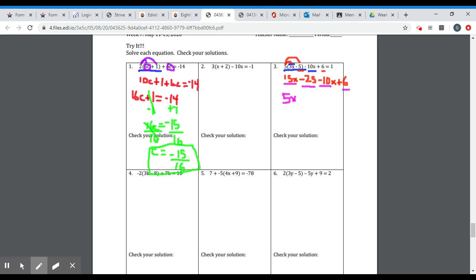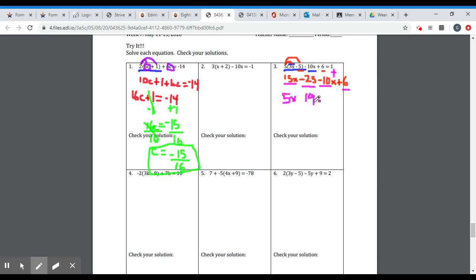Now I'm going to combine negative 25 and 6. Again, integer rule. I'm going to subtract them. Oh, actually, no, it is addition, I'm sorry. Negative 25 plus 6. So I'm going to subtract, which is going to be 19.